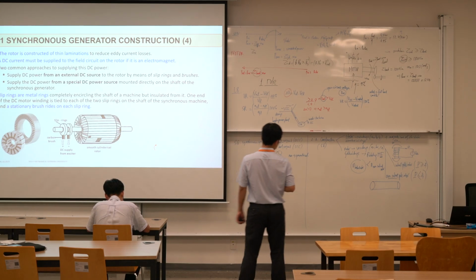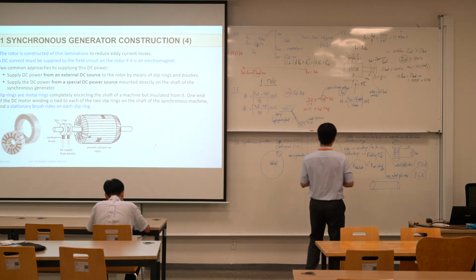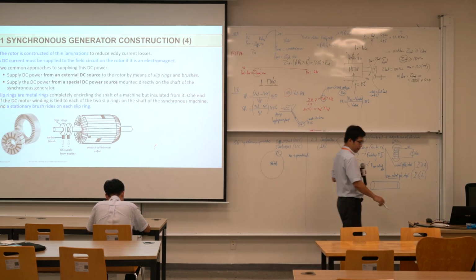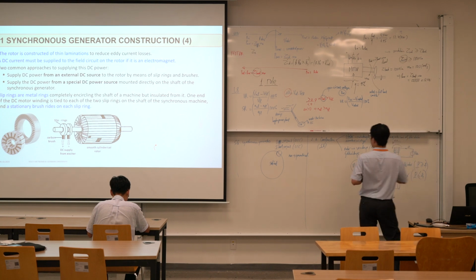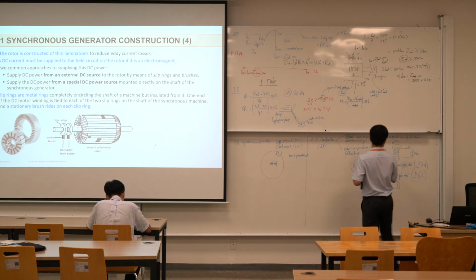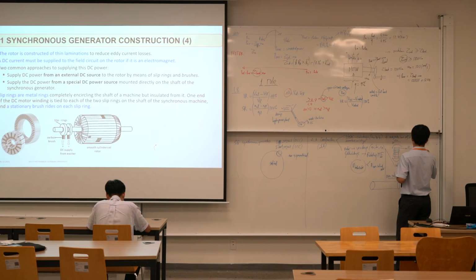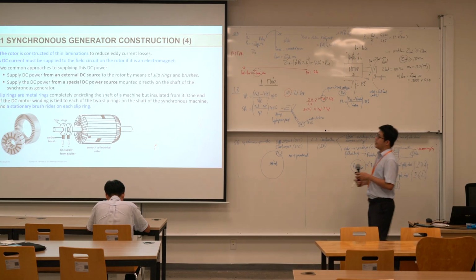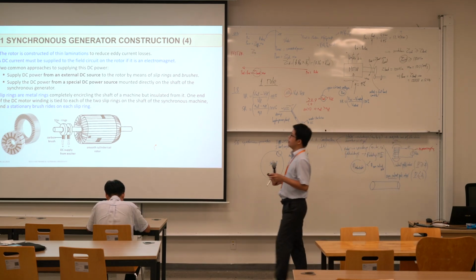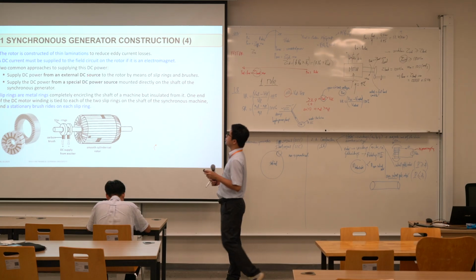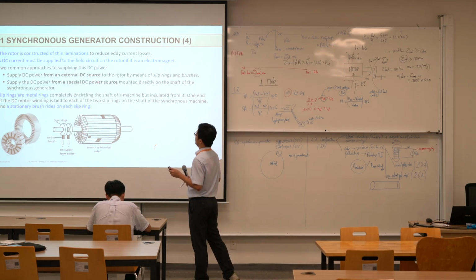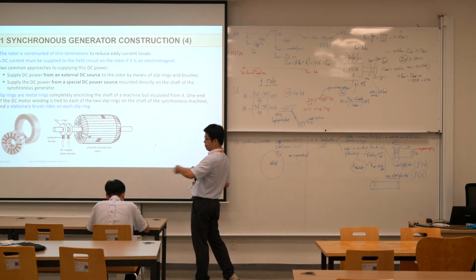And remember that for synchronous generators, we need the DC power supply, right? Or we say here, we need the external DC source to the rotor to generate the magnetic field.